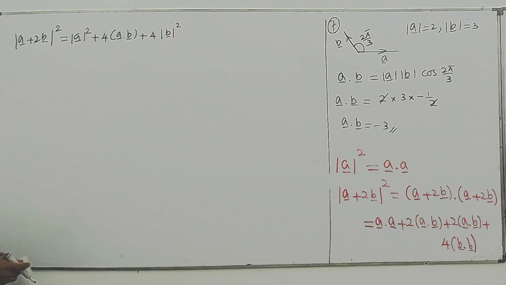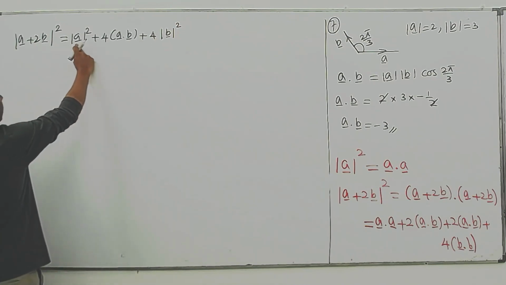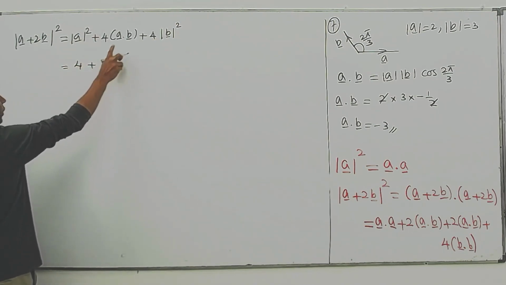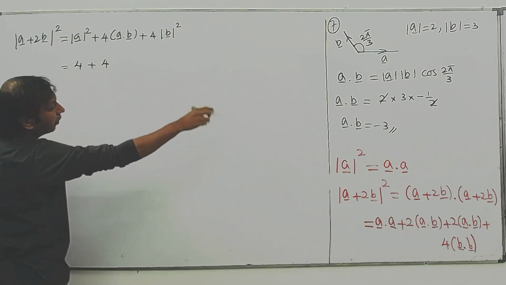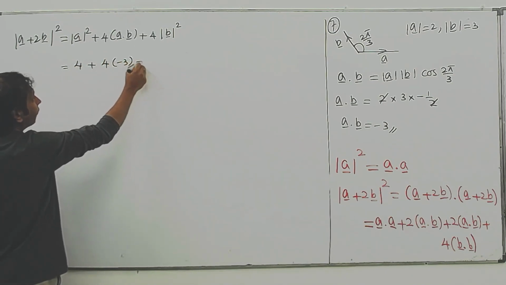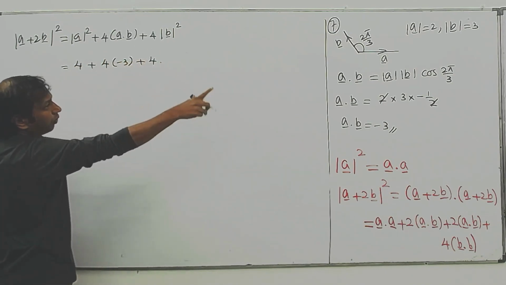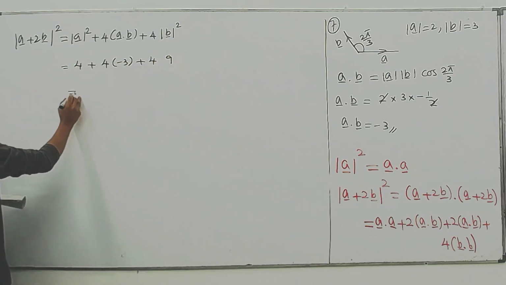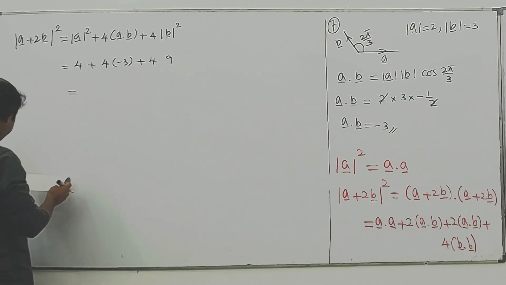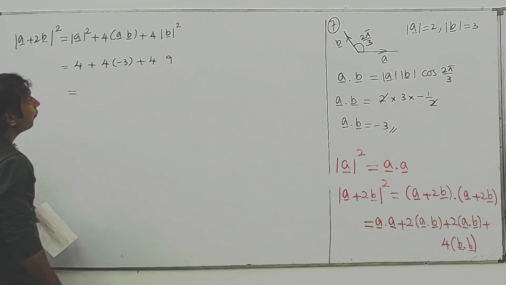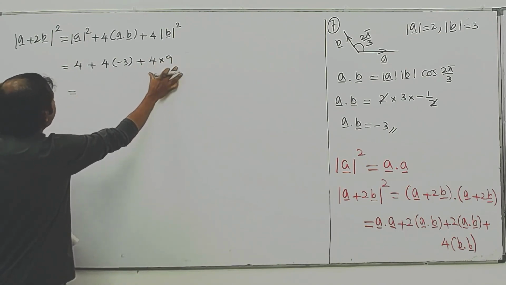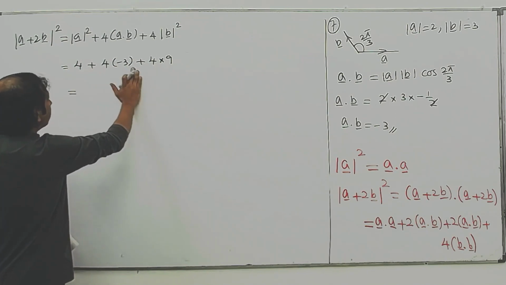You are given, people, mod A as 2. Then what is 2 squared here? 4, plus 4 into A dot B we found there. What is that? Minus 3. Put here. Plus 4 times mod B squared, 9. So once you simplify here, what do you get? 4 into 9 is 36, plus 4 is 40, minus 12, 28.